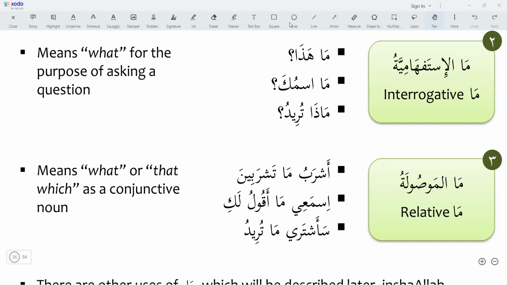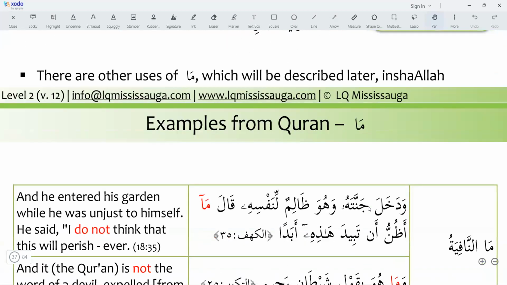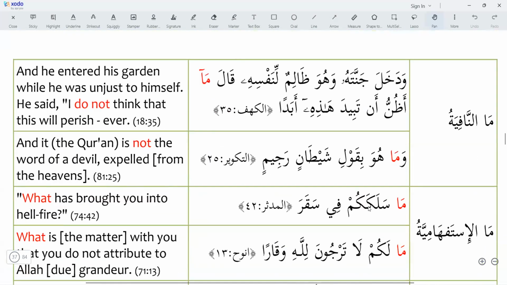So ma has three kinds. There are other uses of ma which we will describe later. Ma still has many kinds, so we will learn it later. And these are the examples of ma nafia.